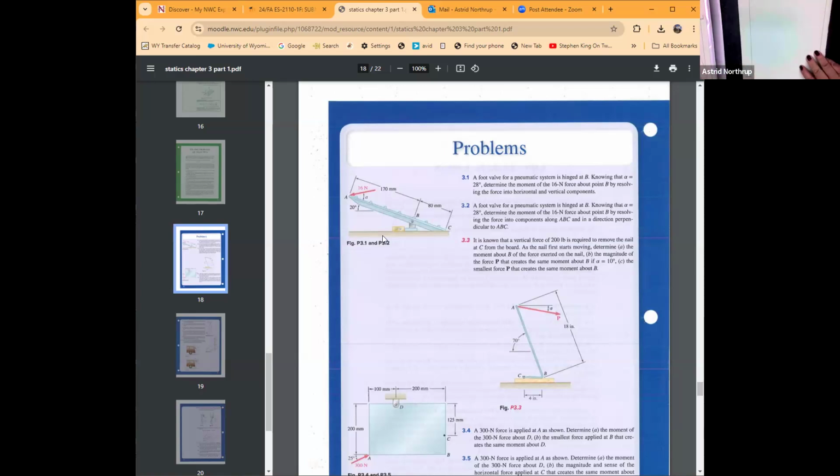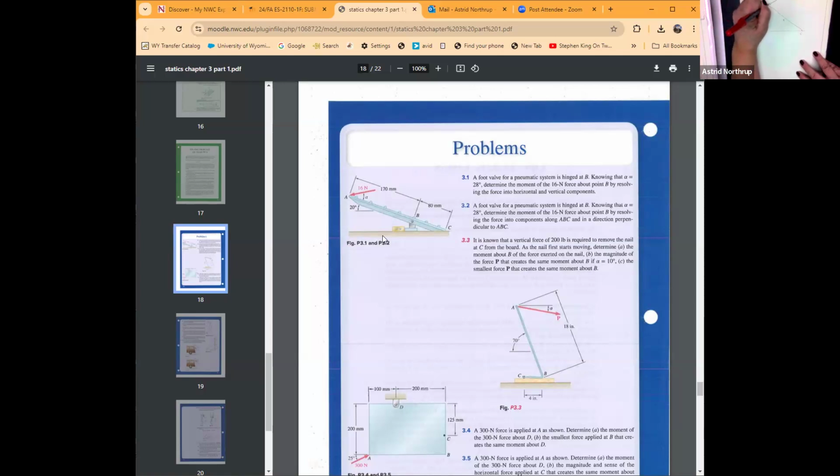As we push it down, there's a little pivot point at B. So basically we have a straight shot going from point C through point B to point A. And at A, we are pushing down with a force of 16 newtons.